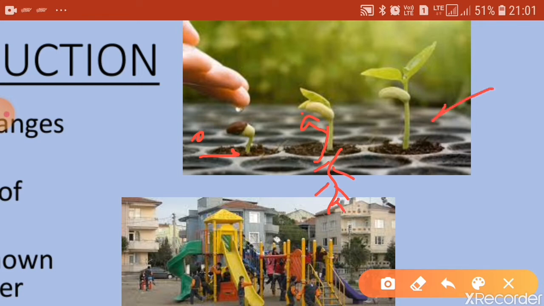This is also a movement seen in the plant, but it is dependent upon growth. If growth does not occur, such movement will not be seen. Such movement is also very slow.